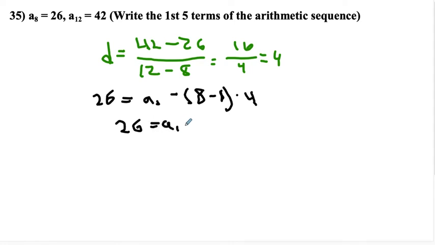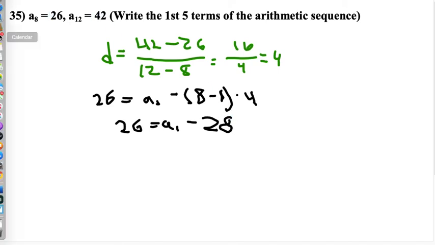I'm going to do 2 things at once. Don't blink too many times. 8 minus 1 is 7, times 4 is 28. And if you think about it, to go from the 8th term to the 7th term, that means I'd have to do what? Oops, I missed a sign here. Plus, there we go, plus.